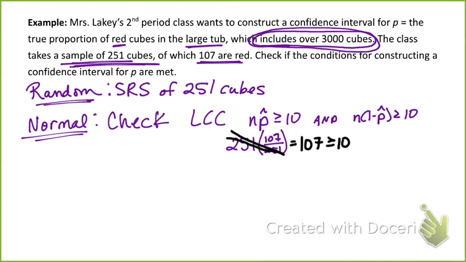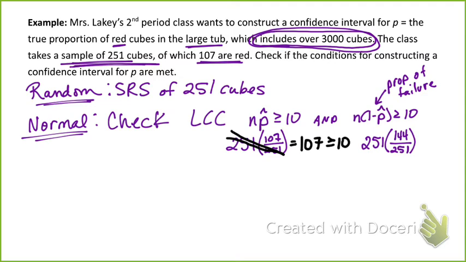All right, you guys. Now, check this out. 1 minus p hat. This is the proportion of failure. This is the proportion of not red cubes when we take that sample. So this is going to be 251 times 144 out of 251. Time out.